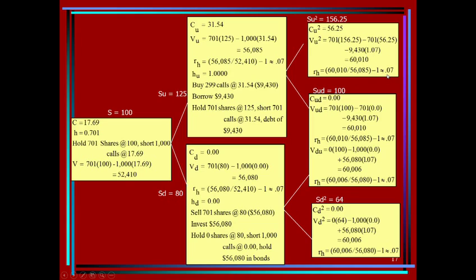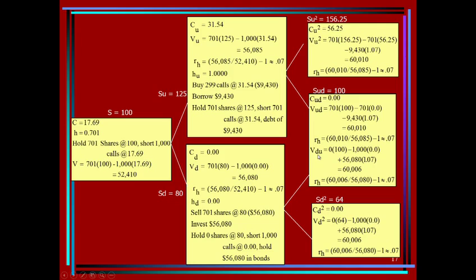Now likewise, if the stock price goes up first or goes down and then goes up, your call is still out of the money. The value of your portfolio is still 701 because that's brought forward from the previous period, right? So you hold 701 shares and you hold 701 calls, and you have 60,000, which is still 7%.